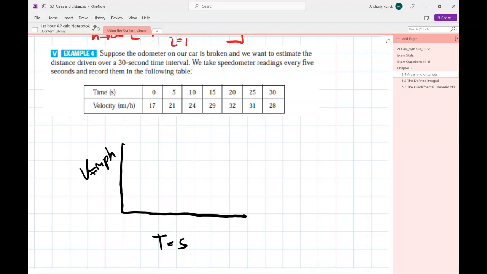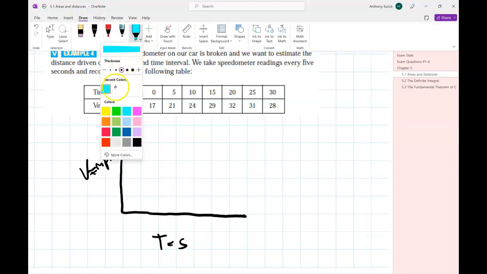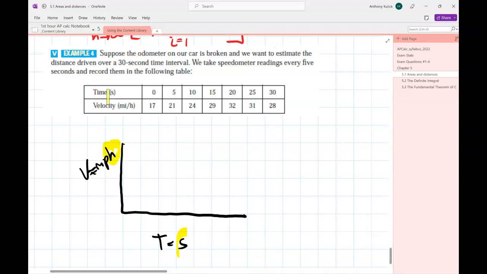What do you recognize right away that's going to be an issue? Yeah, the units aren't matching up. So first things first, we'd want to fix that.